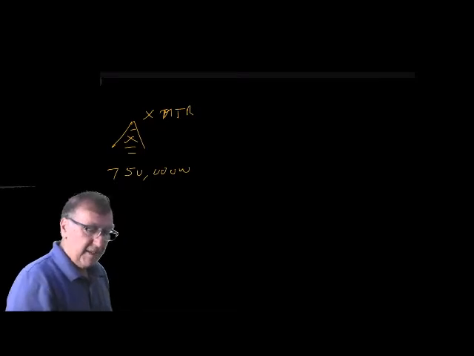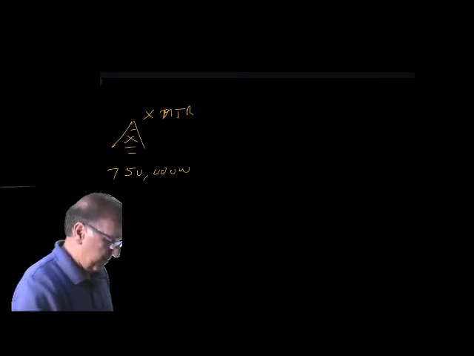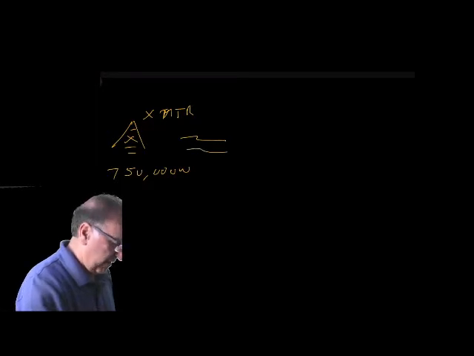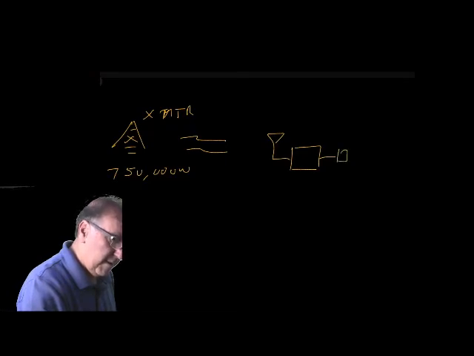That would be a TV station or a radio station, and the waves that go through the air, electromagnetic waves, and then we have a receiver on the other end with an antenna and a speaker, and an observer.